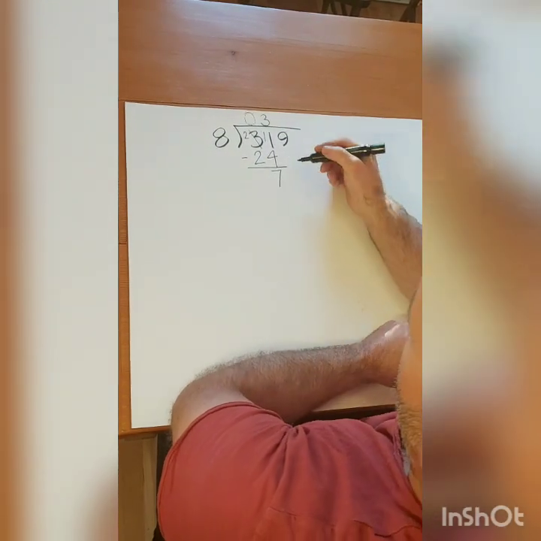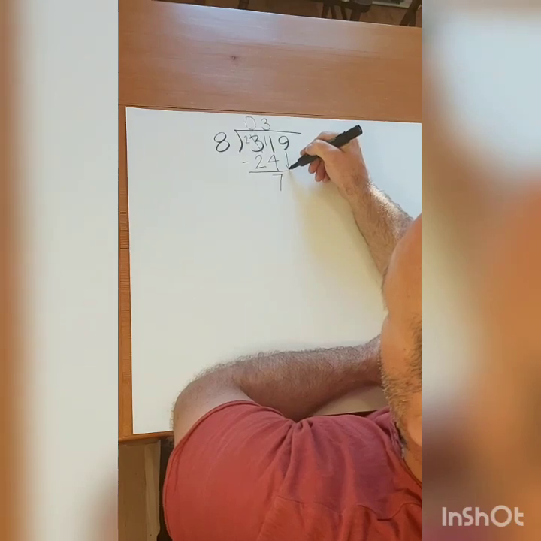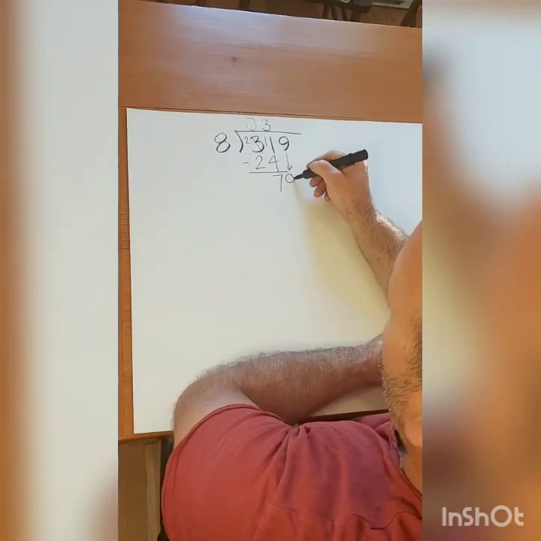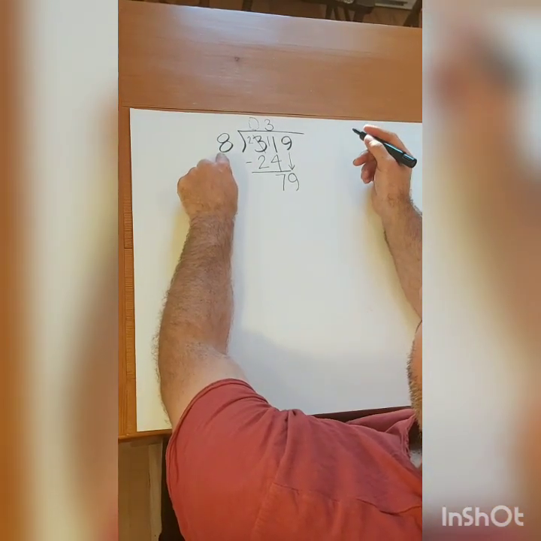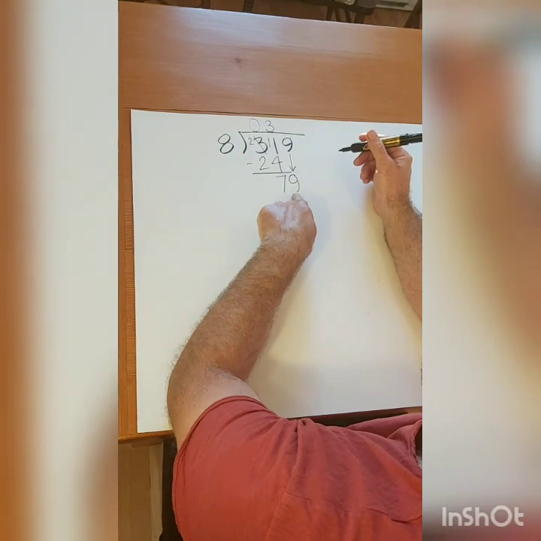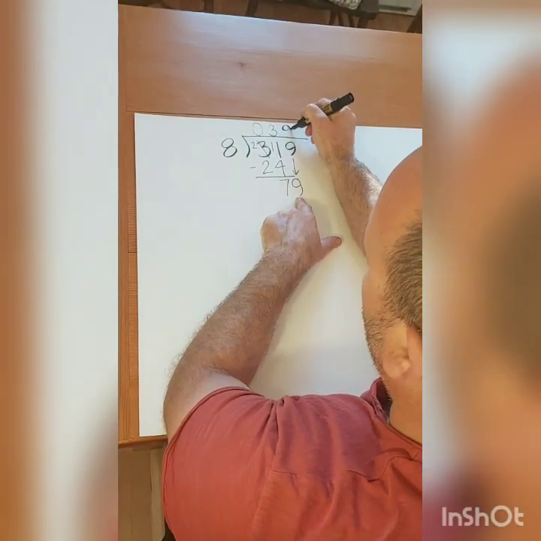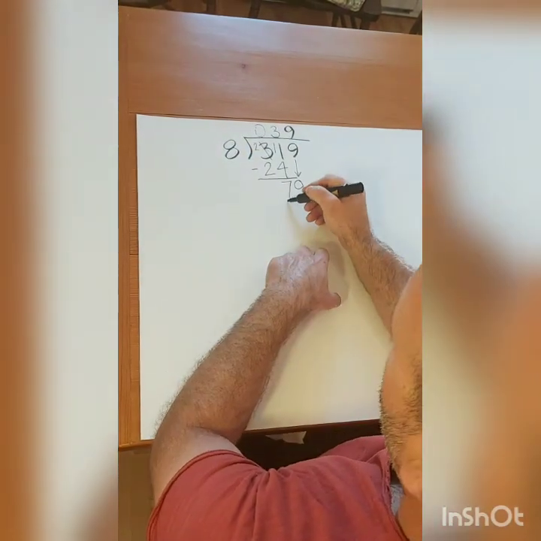My next step is to bring down my 9. And what I do here is I draw an arrow down below, showing that my 9 is coming down beside the 7. I go back to my first step of dividing. 8 groups into 79 goes 9 times. 9 multiplied by 8 is 72.